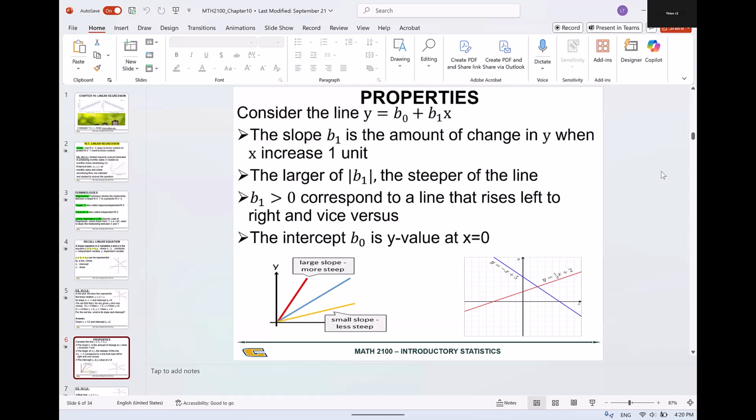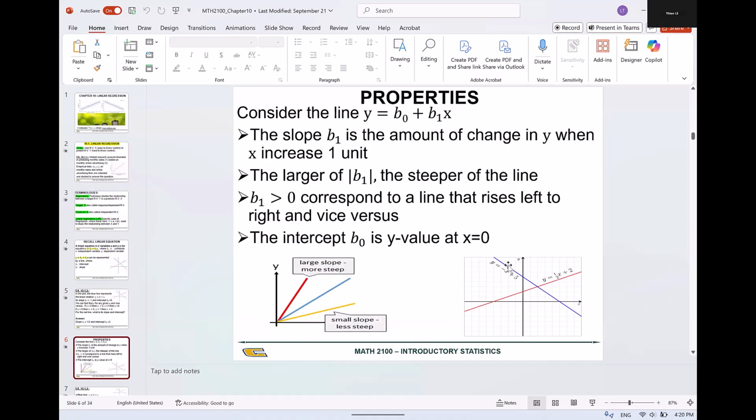A slope B1 bigger than 0 corresponds to a line that rises from left to right. So you see that this red line has a slope bigger than 0, so your line goes from left to right upward.